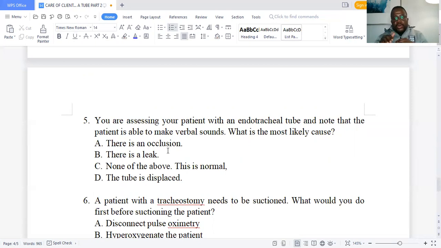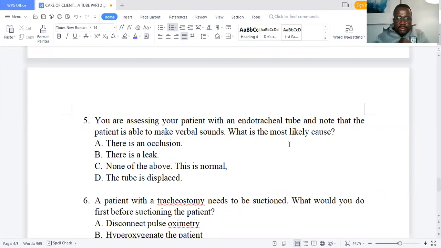So before we go to the answer options, the patient is not supposed to make verbal sounds, okay? Some little amount of sound can come out, the patient can murmur, no issue, but not verbal sounds.